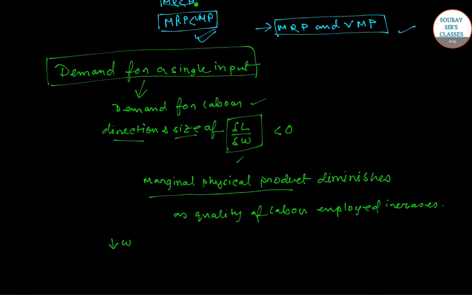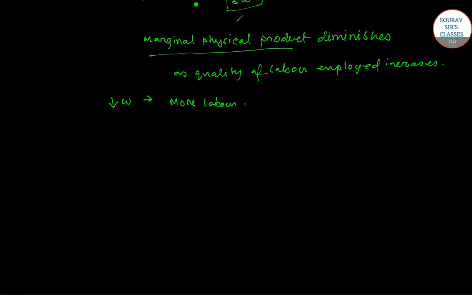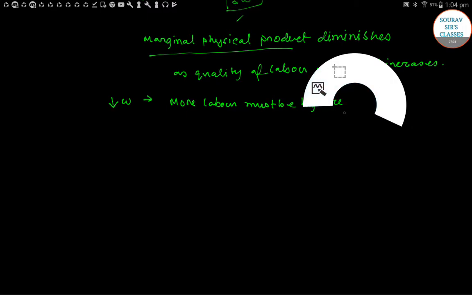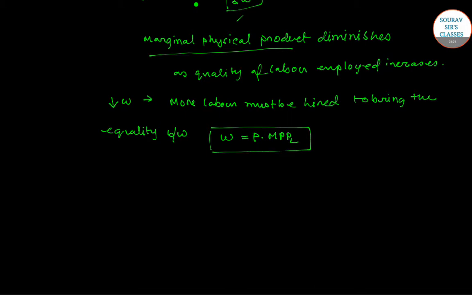Suppose there is a decrease in small w, which eventually means more labor must be hired to bring about the equality between W and P into MPPL.